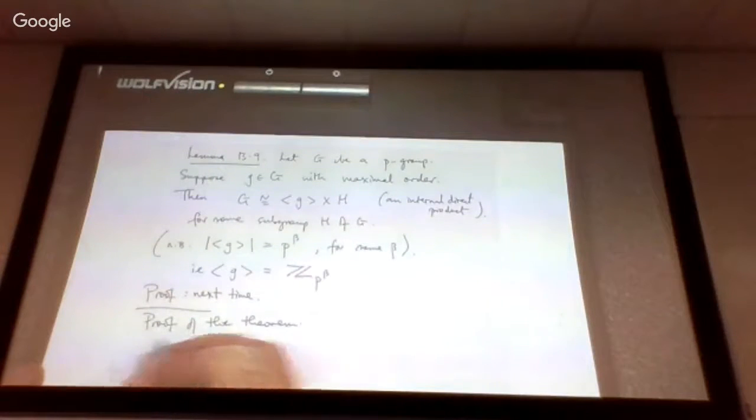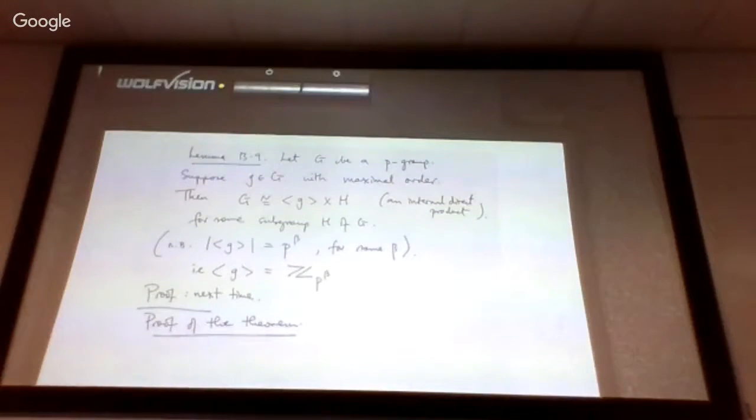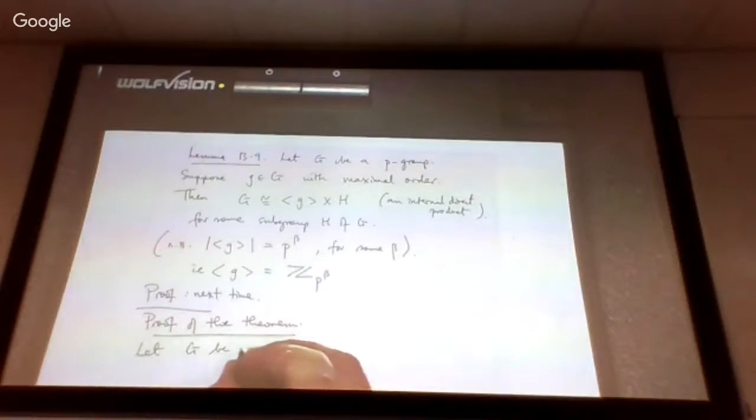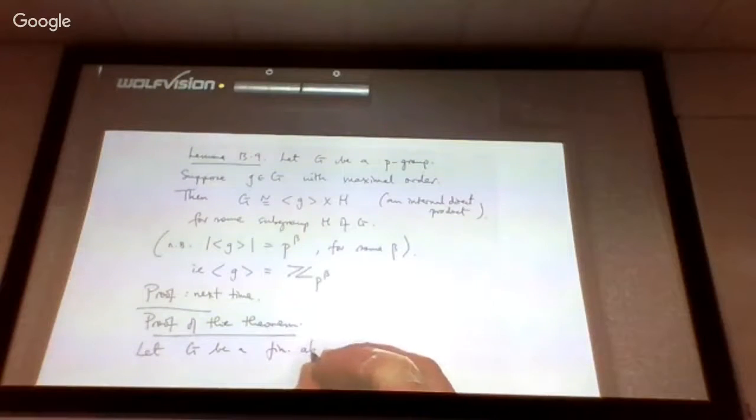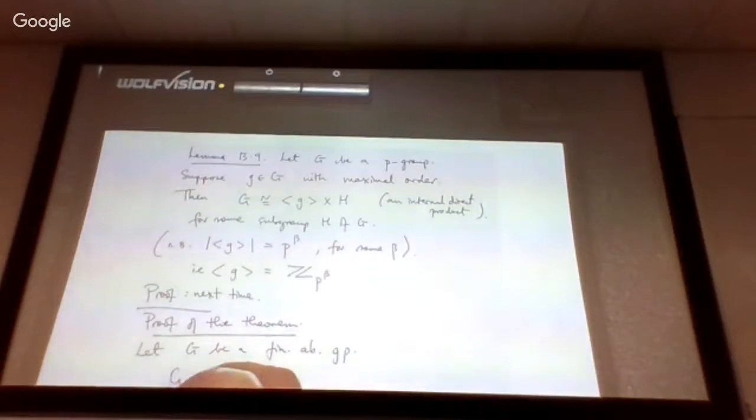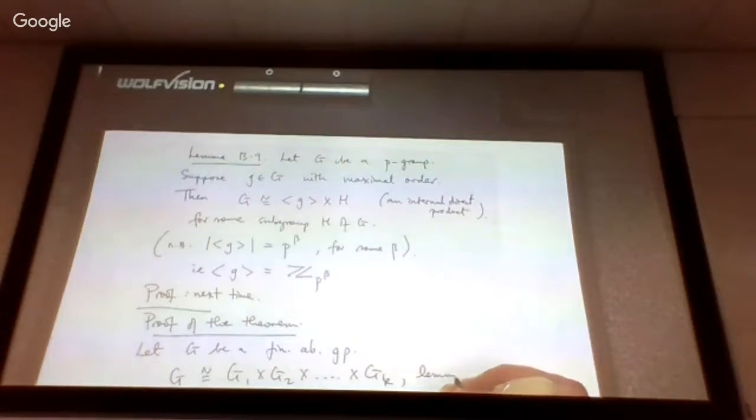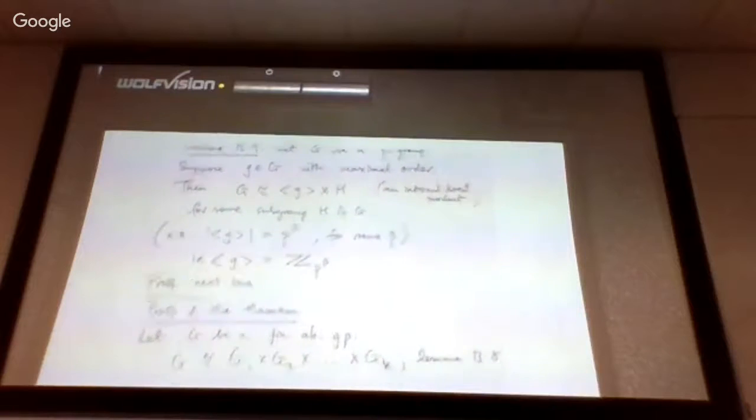Fundamental theorem of finite abelian groups. So by lemma 13.8, let G be a finite abelian group. We know G is isomorphic to the direct product of its primary components. That's lemma 13.8.